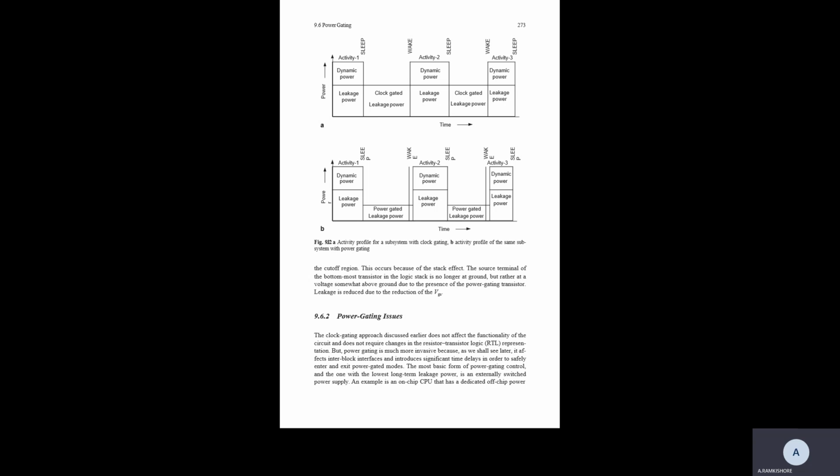This approach also takes the longest time and requires the most energy to restore power to a gated block. Internal power gating, where internal switches are used to control power to selected blocks, is a better solution when the blocks have to be powered down for shorter periods of time.